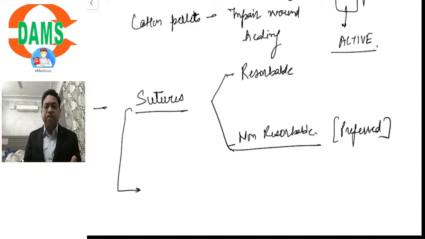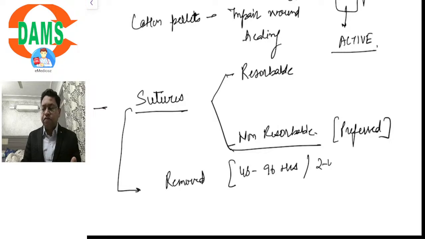Sutures after periradicular surgery are usually removed 48 to 96 hours, or 2 to 4 days later.